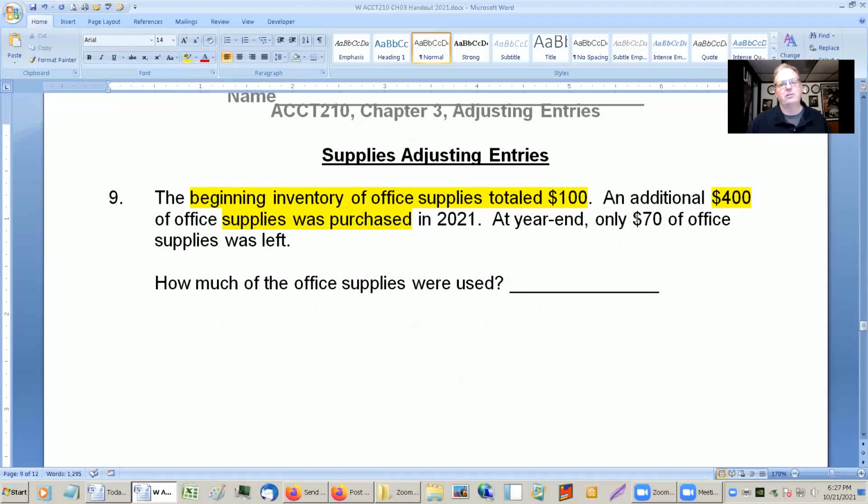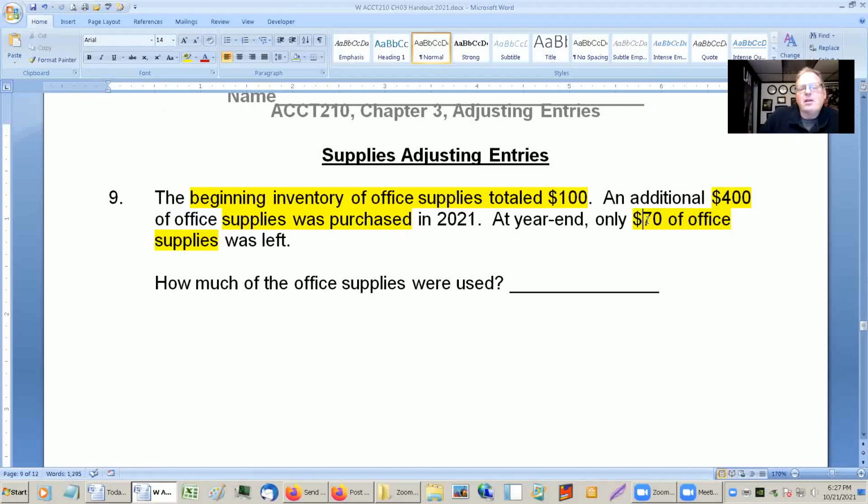At the end of the year, only 70 of the office supplies was left. How much? 70, not 700. I was exaggerating.